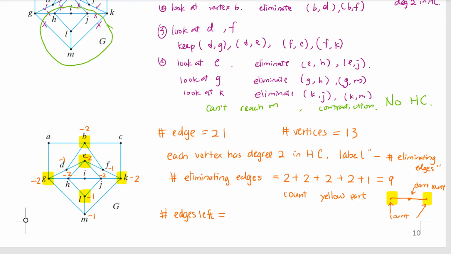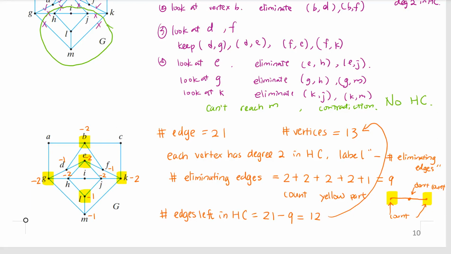So left in the Hamiltonian cycle, we have 21 minus 9, which is 12. Do you see this 12 is different than the number of vertices? But in a Hamiltonian cycle, the number of vertices equals the number of edges.